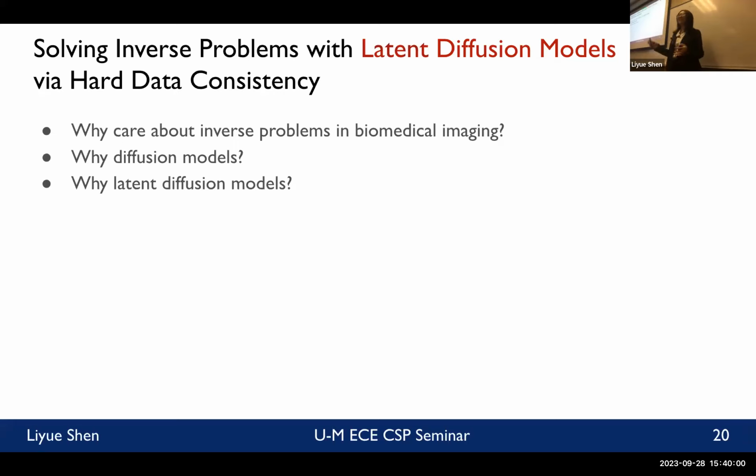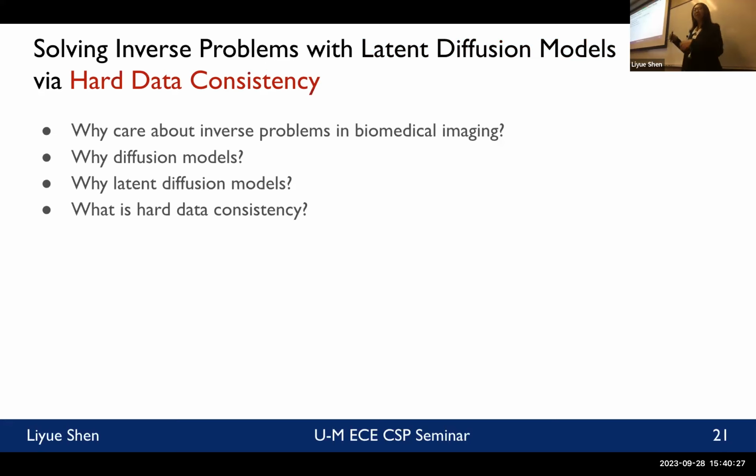And why do we want to focus on the latent diffusion model? We have seen diffusion models work well in pixel space and with different algorithms. So why do we want to use the latent diffusion model to solve this problem? And finally, what is hard data consistency? This term is actually coined in our paper. We're trying to categorize the different previous work into different categories.